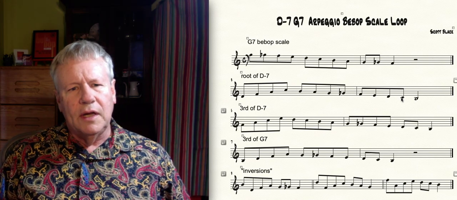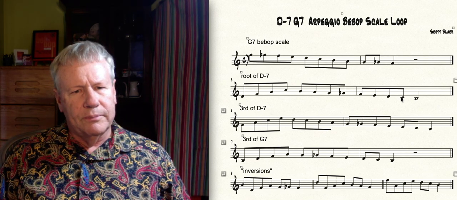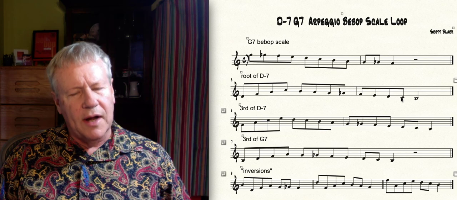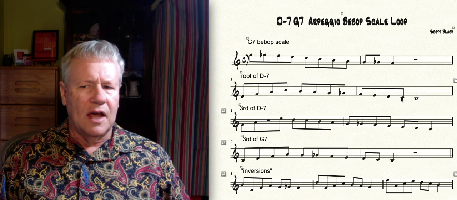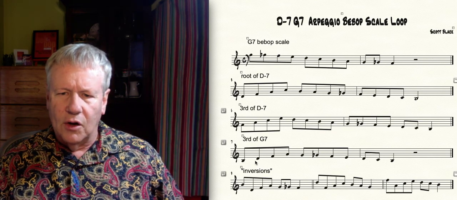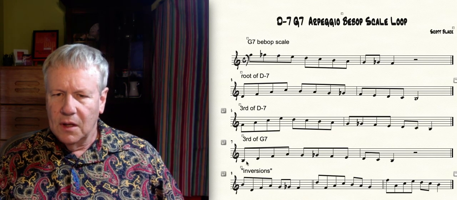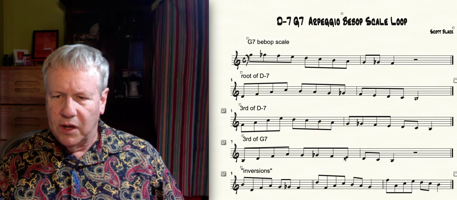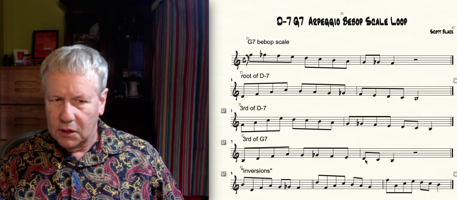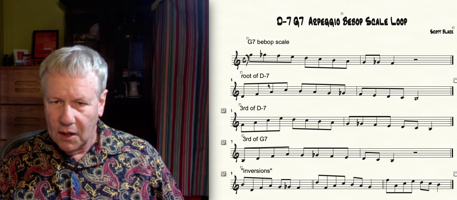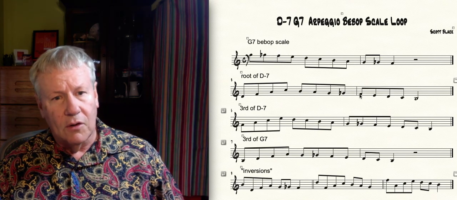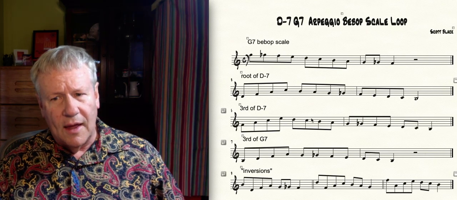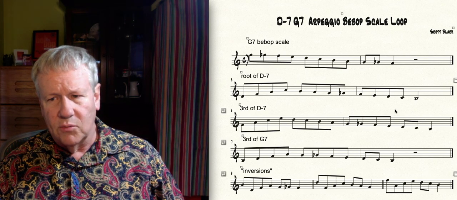If we play all of those in our practice as expediently as possible, in as short an amount of time as possible, I would start over here on the 3rd of the dominant chord. I would play down to this note here, the tonic of the 2 chord, then play this arpeggio up here, play down to this note here, the 3rd of the 2 chord, and play this arpeggio. I'll go ahead and play this whole thing down.